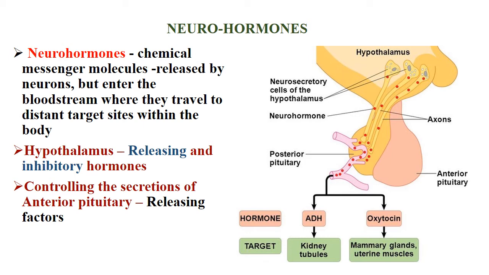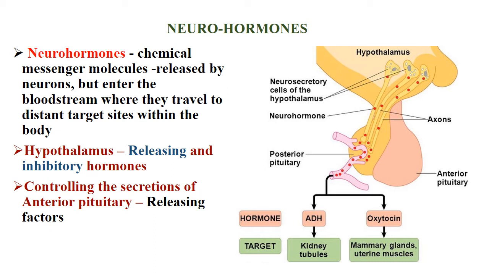The first category is releasing hormone or releasing factor. Another one is inhibitory hormone. The inhibitory hormones are the hormones which inhibit the secretion of other types of hormones from the glands.